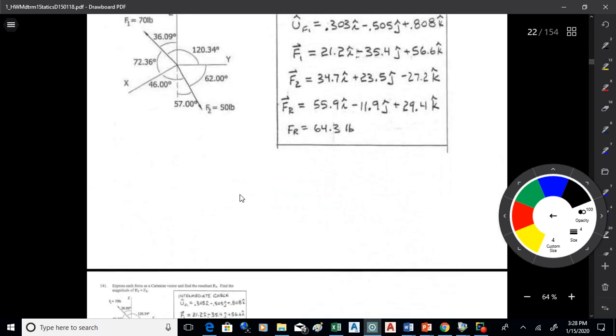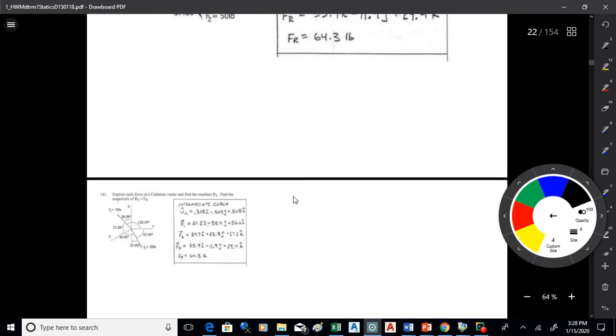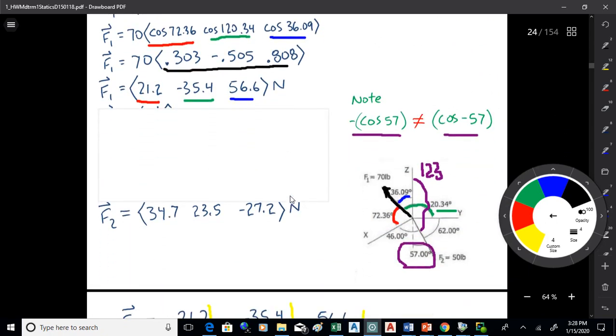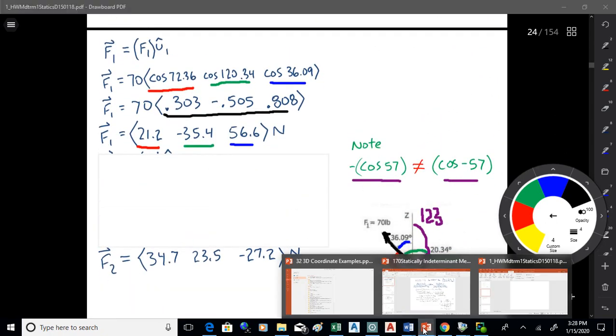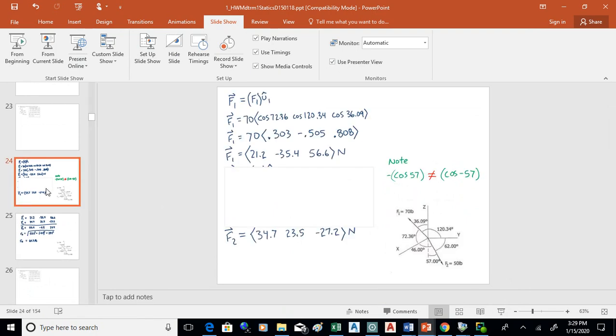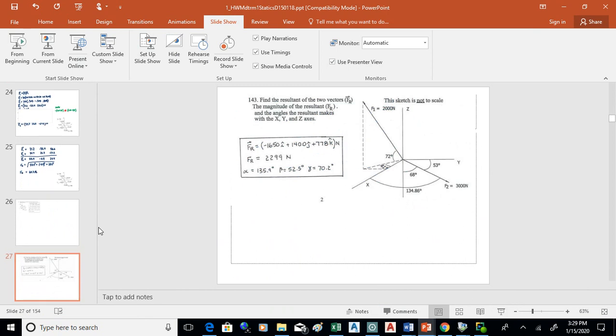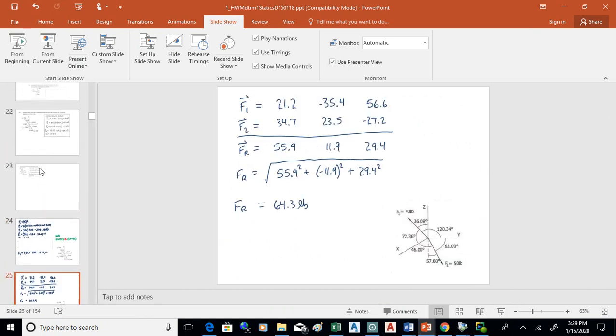Okay. Then the last one, you've got the unit vectors for F1. You've also got the vector for F2. So what you would do on that would just be to use the trigonometry there and go ahead and work those two vectors out. You're going to deal with what we call direction cosines there.